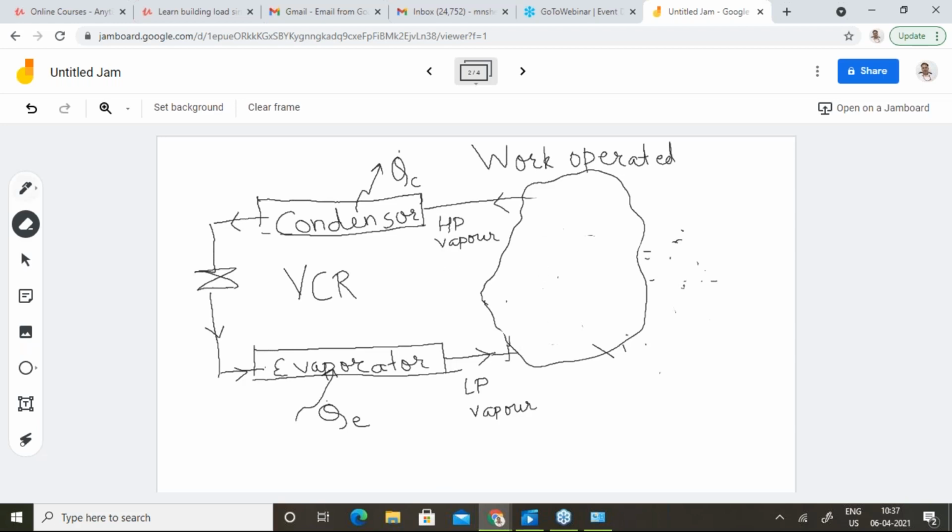So what are those three components? One of them is called the absorber. I would be using another ink now.